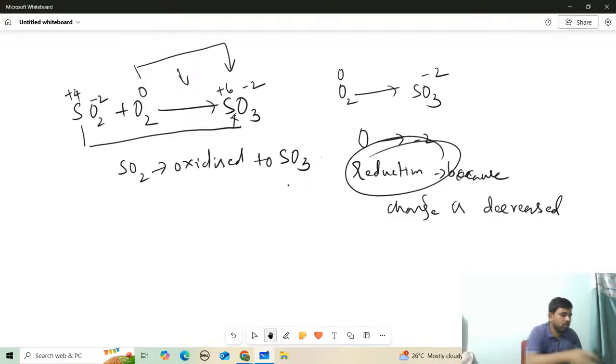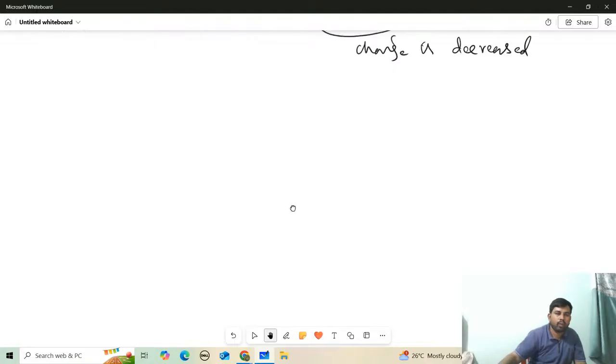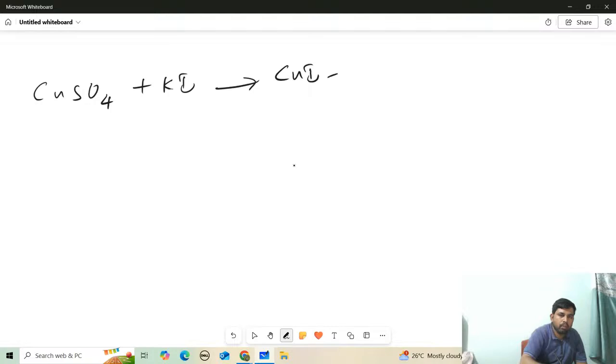Okay, now let us see one more example. Copper sulfate plus potassium iodide gives rise to copper iodide plus I2 and K2SO4.